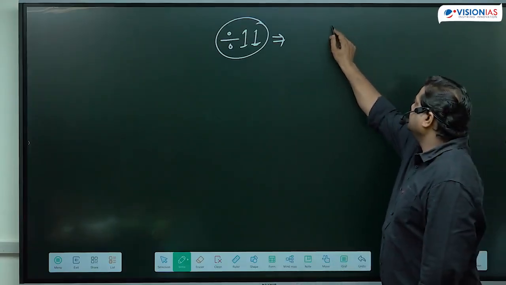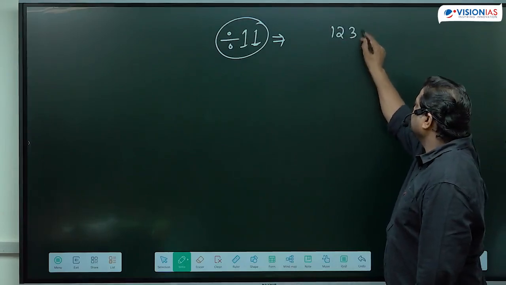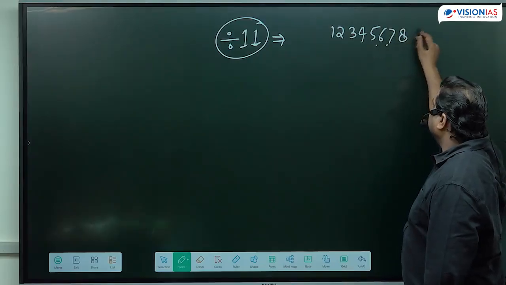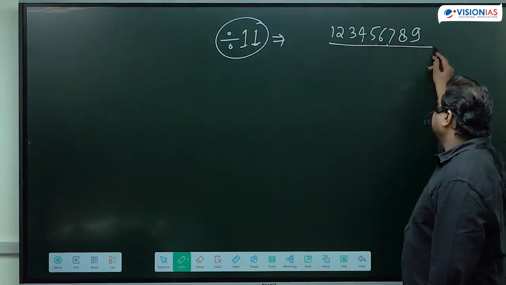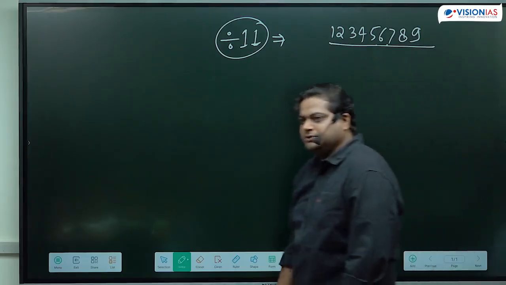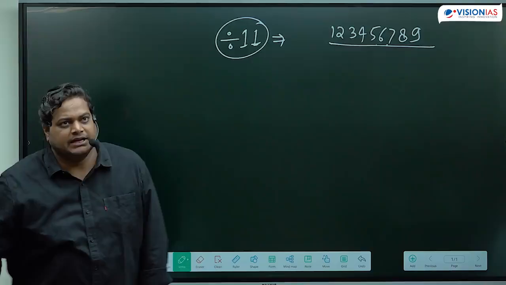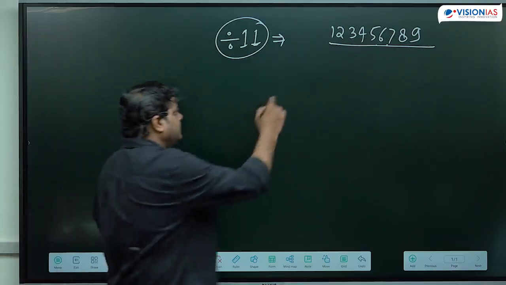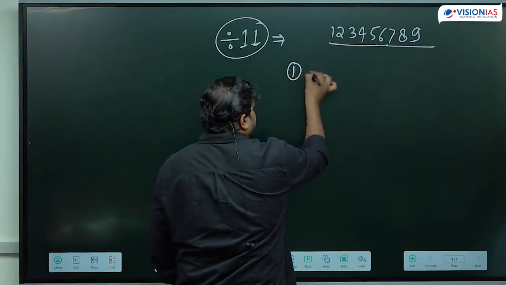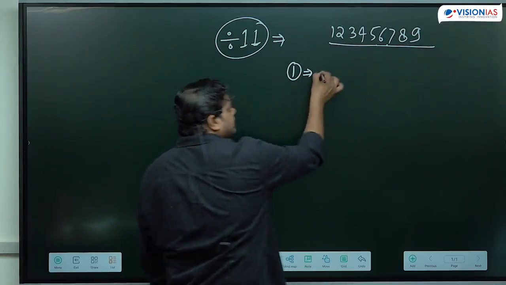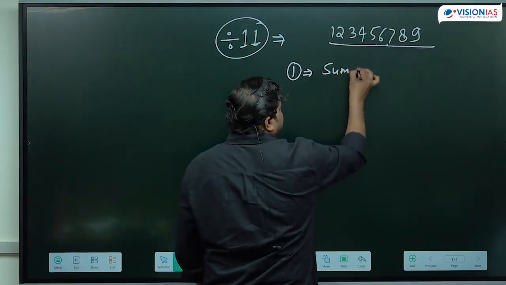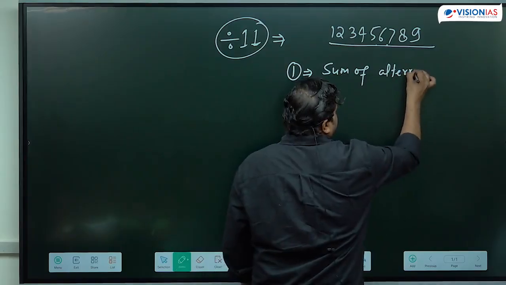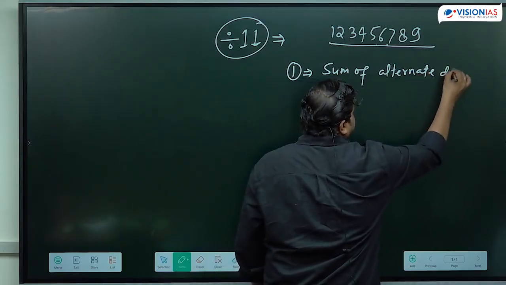Suppose we are having a number this way, 1, 2, 3, 4, 5, 6, 7, 8, 9. This is a number. We need to check this number is divisible by 11 or not. What we can do? First step में we take the sum of alternate digits.